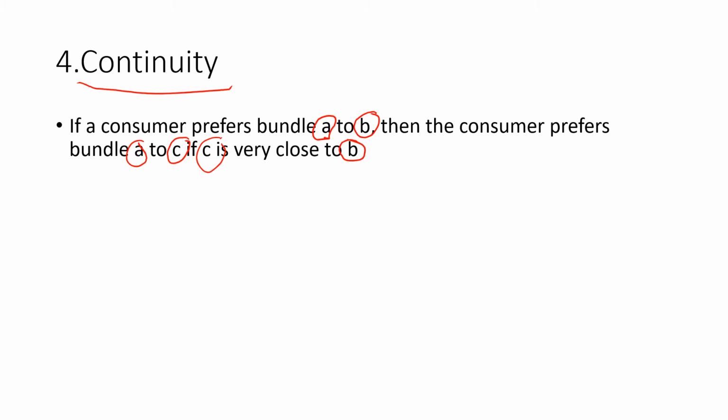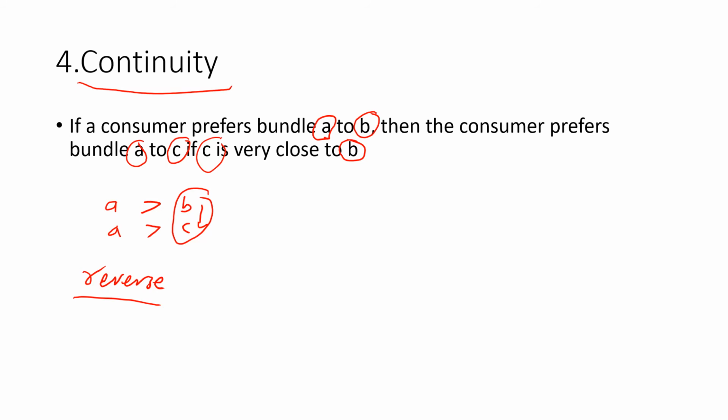There is an individual who prefers bundle A to B, and there is another bundle C that is very close to B. Then the consumer should prefer bundle A to C. What this actually implies is that if there is a slight jump in the goods, let's say from B to C, it does not reverse the consumer preferences.